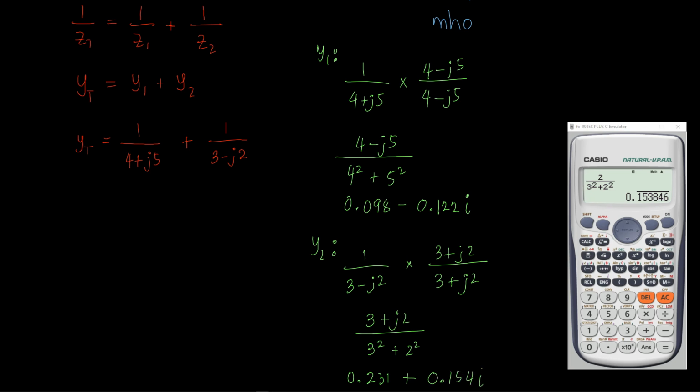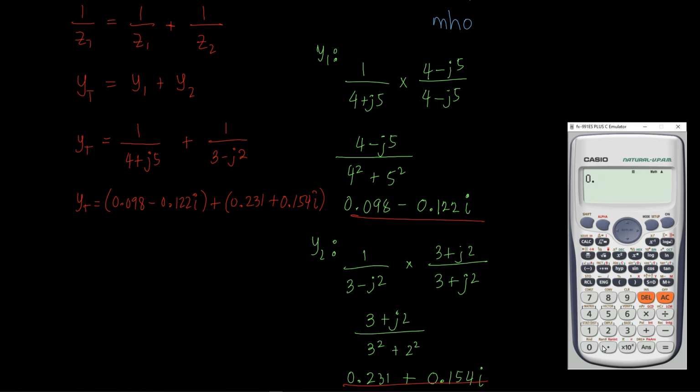Ano nato Y1 o Y2? Substitute nato na siya diri. So we have YT is equal to 0.098 minus J0.122, kani Y1, plus Y2 na to. Okay, so i-add na to ang duha, ma-add ang mga real part.